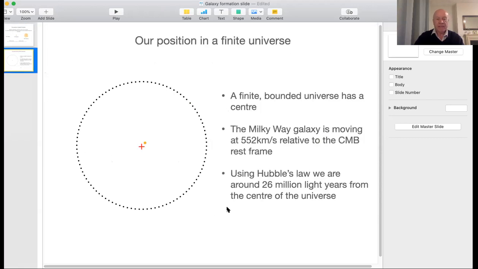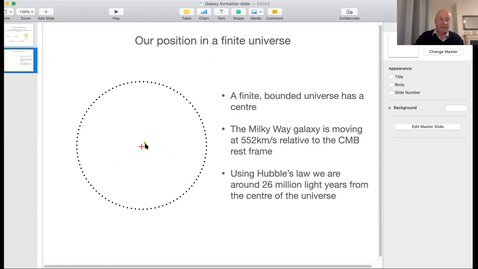Just going to go on to the next slide and relate to the fact that this is again a slide taken from one of my other presentations, which shows our position in a finite universe. So this marks the center of the universe, which is a center with reference to the boundary of the finite universe.